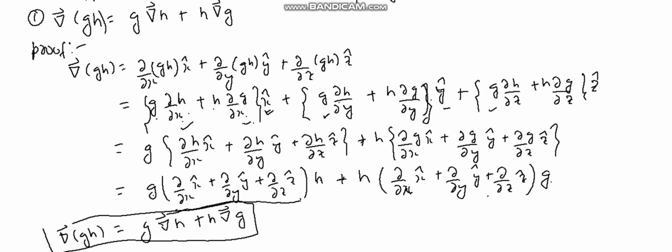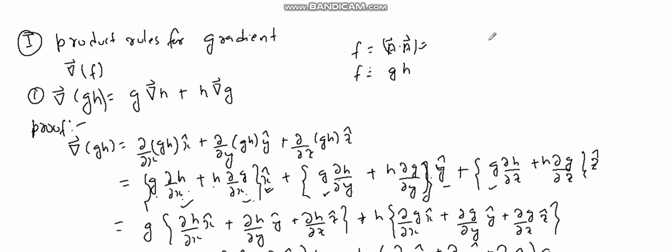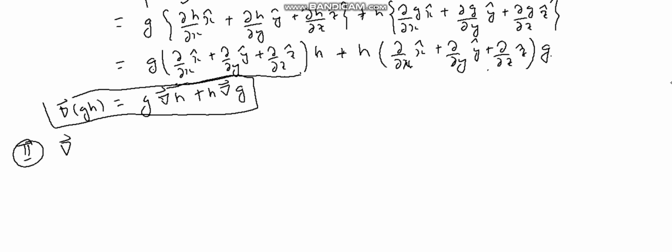Let's write the second rule. So the second rule is a little bit longer. Okay, so I'm writing the second rule. The second rule comes from the dot product of two vectors. So these are the same vector, but these two vectors may be different.